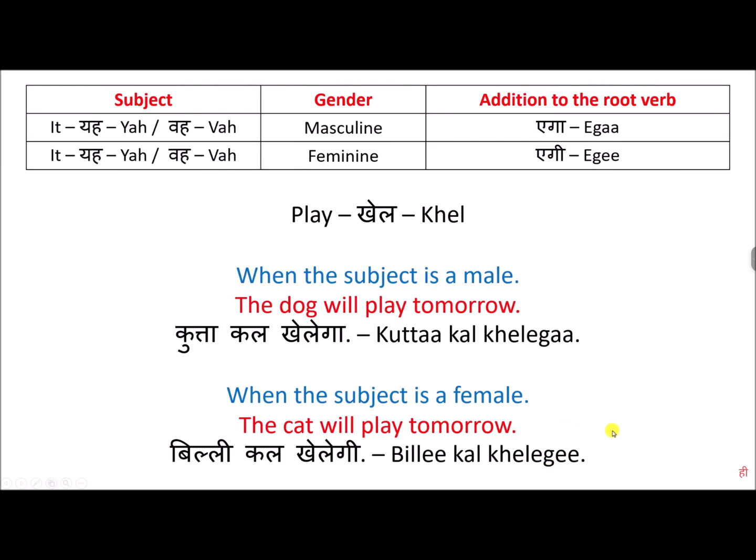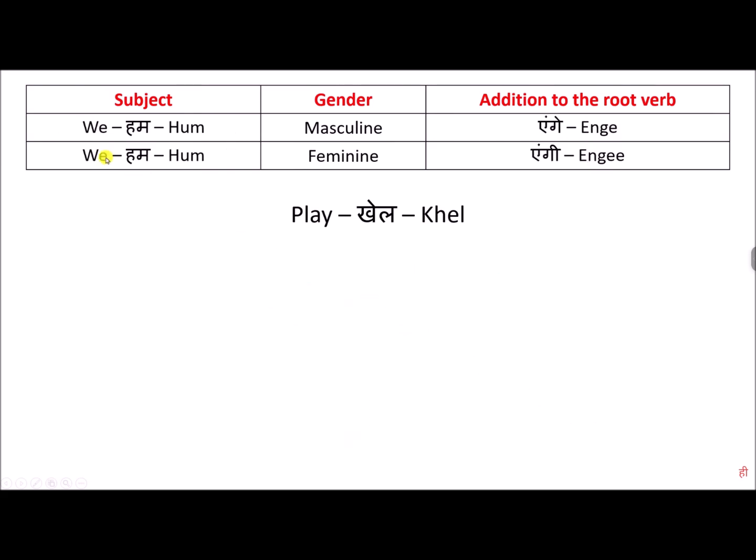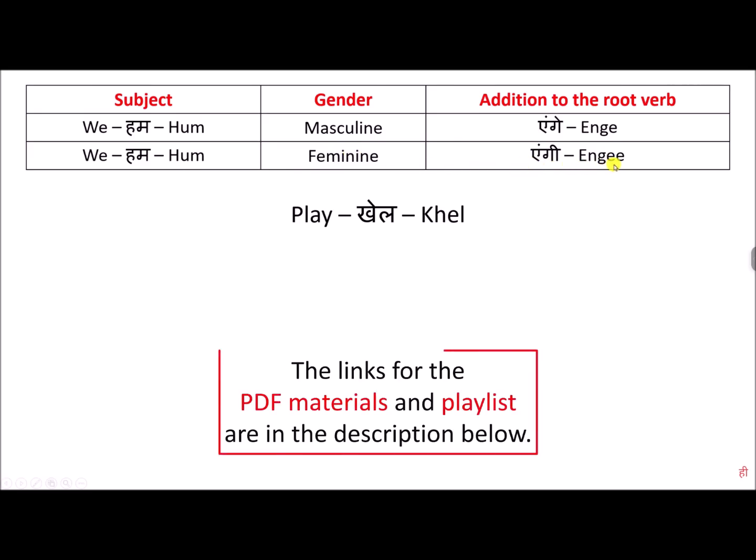Alright. Next, with we. If the subject is all masculine, then we add एंगे to the root verb. If the subject is all feminine, then we add एंगी to the root verb.